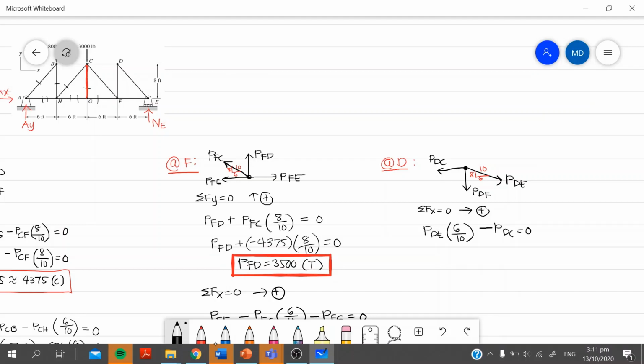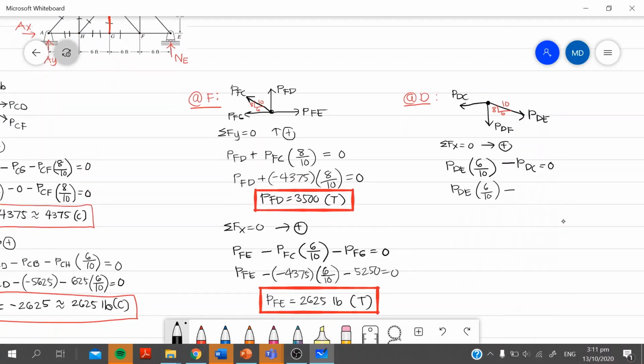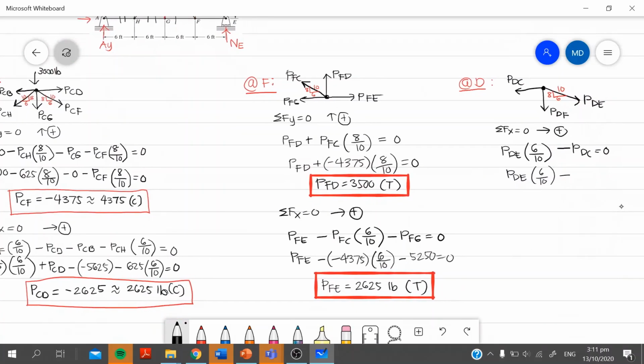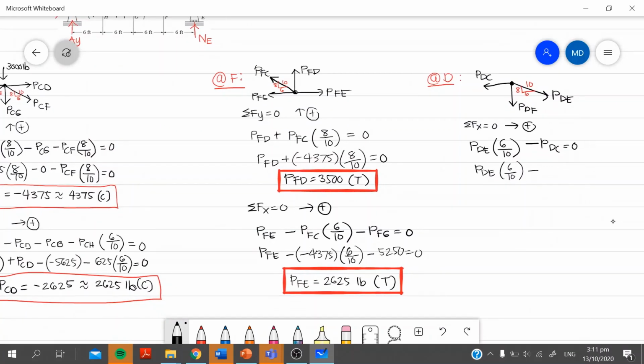And then DC was already solved, so we can get that one. Force DC or CD at joint C is negative 2625.